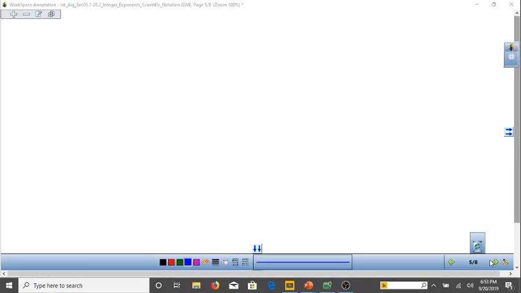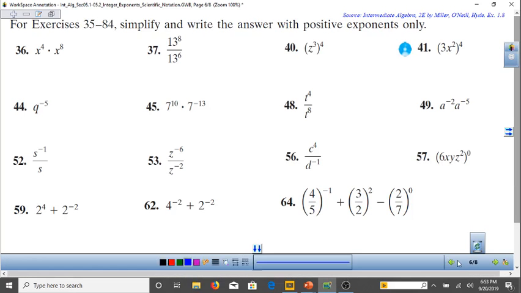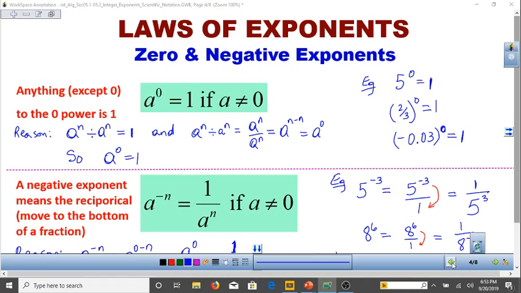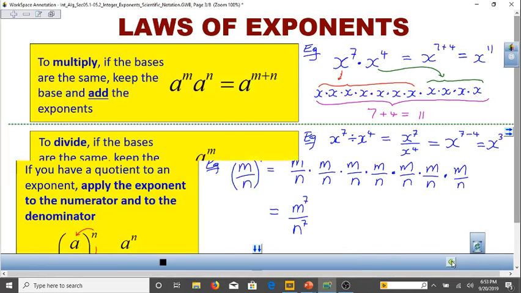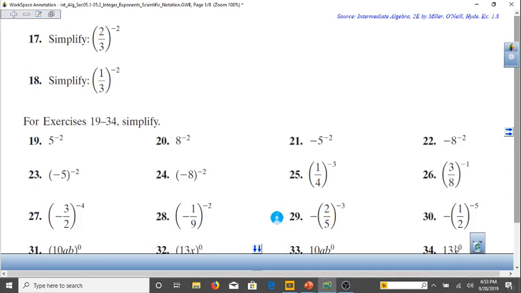Now, let's do some examples here with exponent rules. All right, firstly, let's start off with this quick example. This says simplify this expression, 2 over 3 raised to the power negative 2.